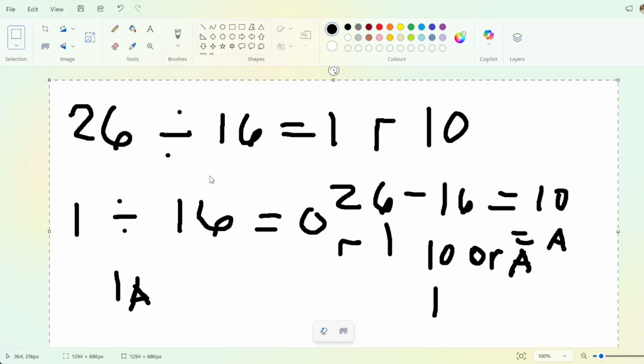And for the next one, adding binary system. So to do this, we explain the rules.